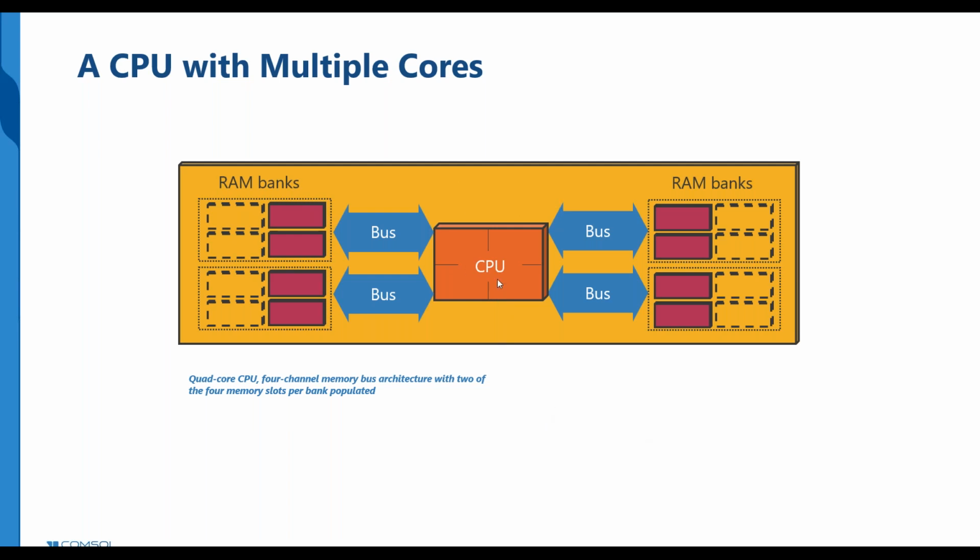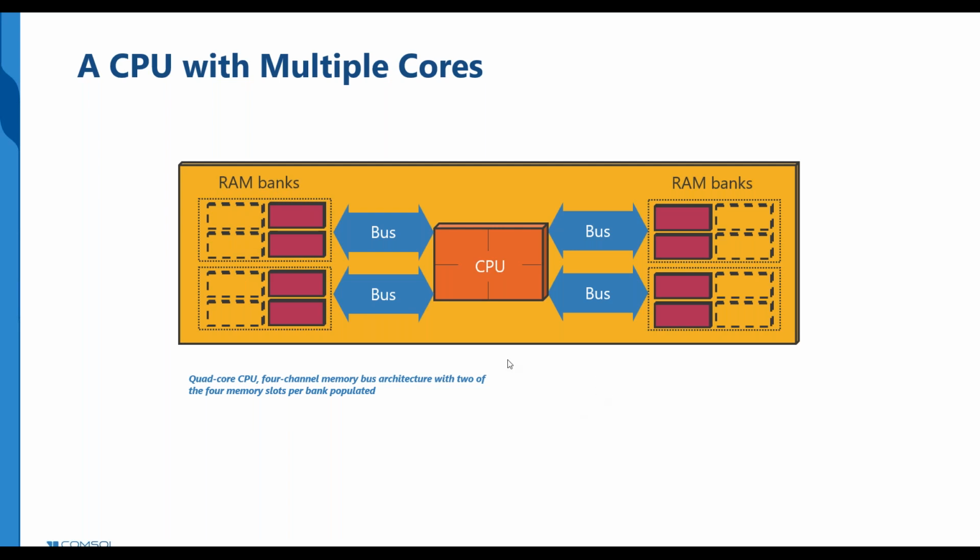But the key here is not the cores. The cores need to be fed with data, as we say, and that is done through memory buses. And the memory buses can access a number of memory banks, here partially populated with these red squares. And then you have empty slots for these memory banks.